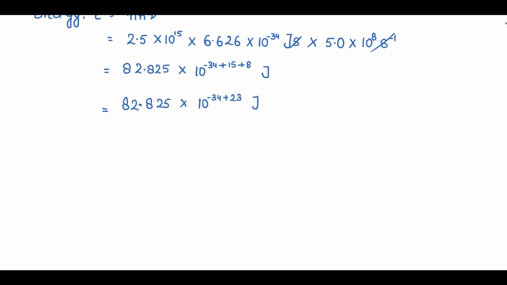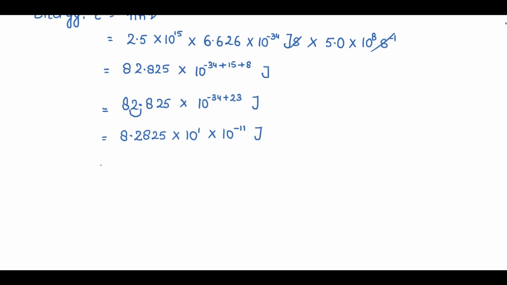So I just want to convert this 82.825 according to the scientific notation. I'll simply displace this decimal from right to left. Okay, so if I am displacing decimal from right to left, power will be positive. So displacement is up to 1 digit. So power will be 10 raised to power 1 into 10 raised to power minus 34 plus 23 minus 11, right?